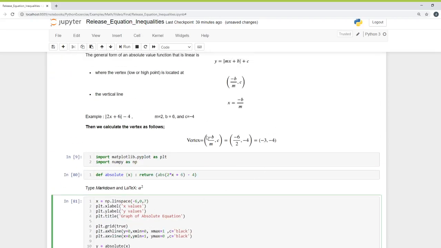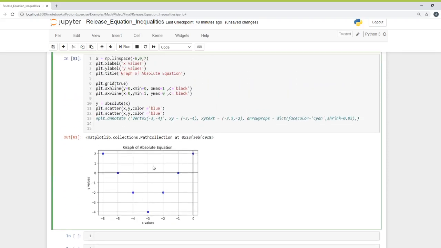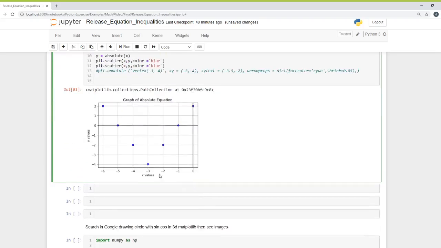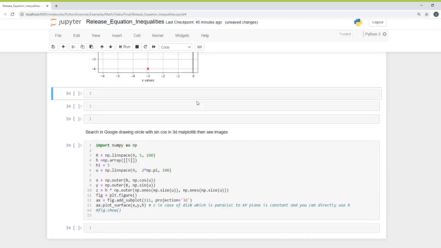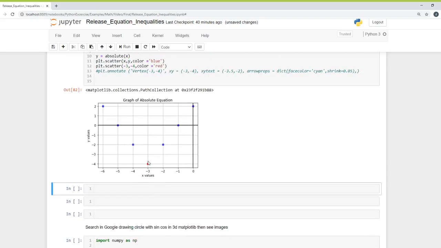We get the vertex by the equation minus b by m comma c, which is minus 3 comma minus 4 for the absolute value of 2x plus 6, minus 4. Let's change the color of the vertex so that it can be clearly visible. So this is our vertex.